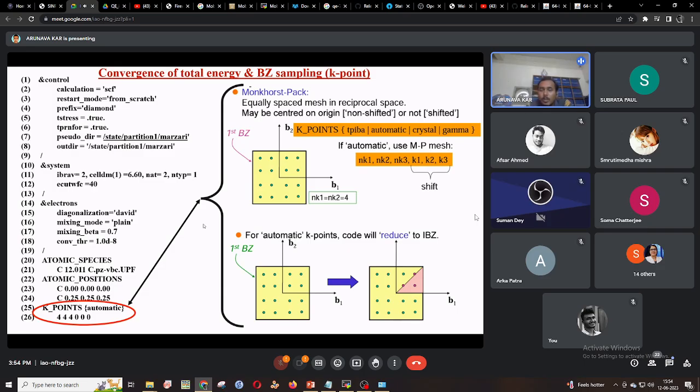Not much. It is not going to change your computational result. It only changes the number of K points used in your calculation. If you see, with 0, 0, 0 points, 10 K points are used in your calculation. If you offset these values and find the number of K points needed is 5, then obviously your calculation time will be reduced.